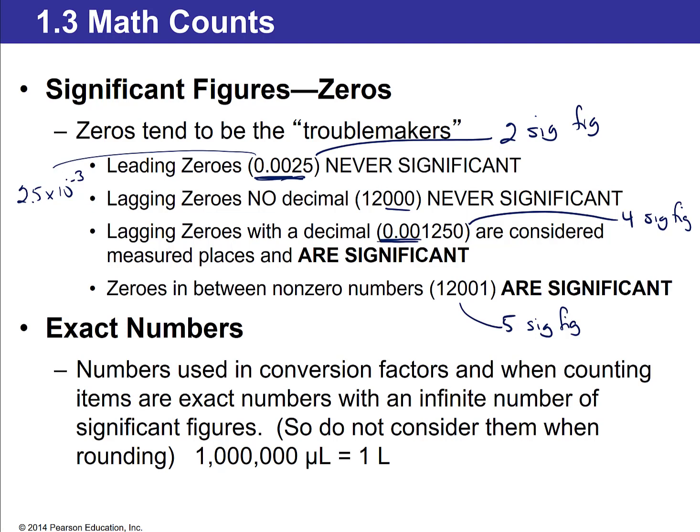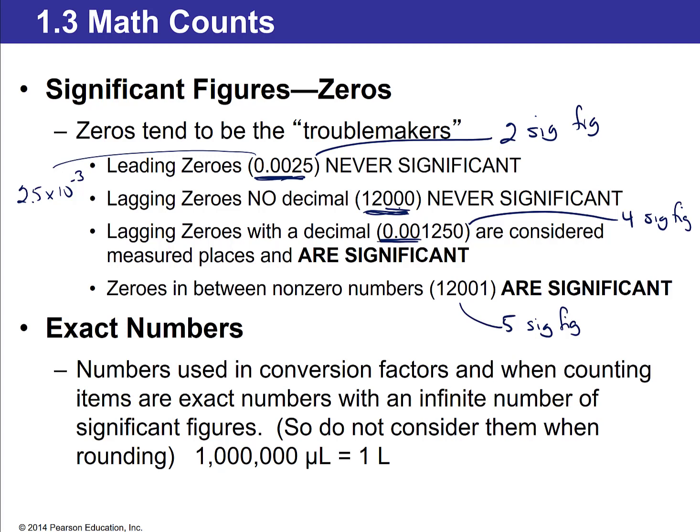So that's part of the reason they're just holding how small that 25 is, the relative size of it, where the decimal place is. Same thing here, we said with 12,000. So you say like, I think I have 12,000 pennies. You don't know if you have exactly 12,000. That's really an estimate. So the 1 and the 2, you know, are close, but the zeros are really just indicating powers of 10, how much larger it is.